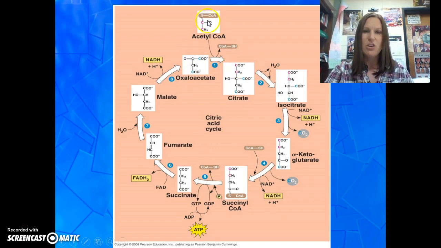Now notice here that the carbons are in red. Everybody see that? See my carbons that are in red and how they matched up with these carbons that are in blue. If they're in red, it means that they are reduced. Okay? If they're in blue, it means that they are already oxidized, which means that they are very, very low energy. So we want to take these 2 carbons and end up oxidizing them through the citric acid cycle.